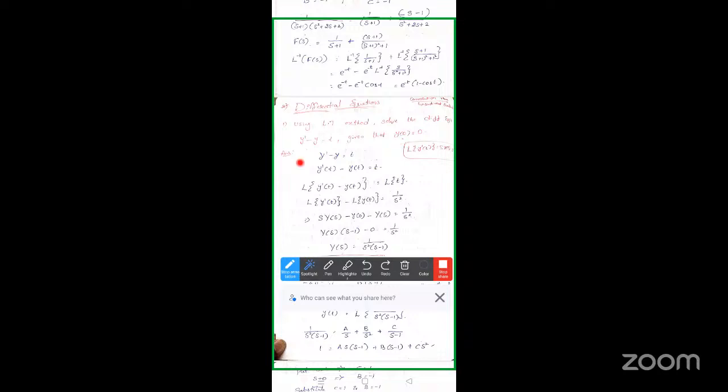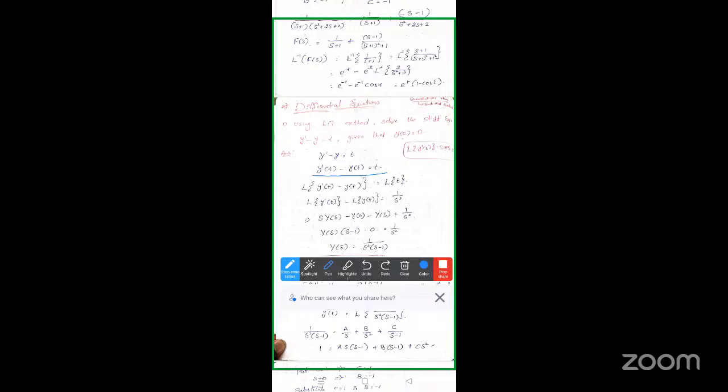So given differential equation is y dash minus y is equals to t. So y dash of t minus y of t is equals to t. Taking Laplace transform on both sides of this equation, L of y dash minus y is equals to L of t.